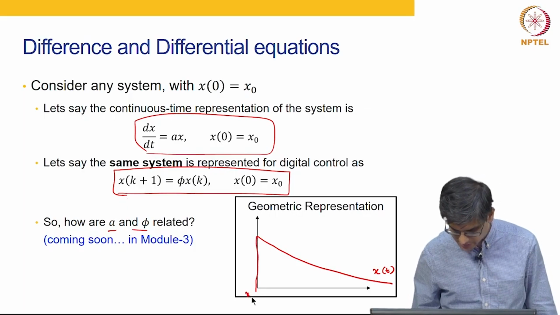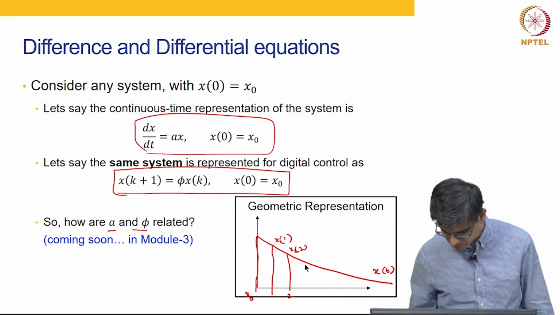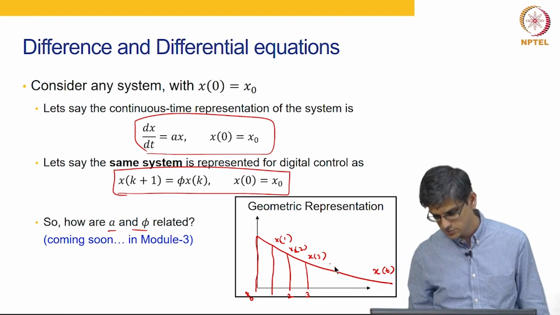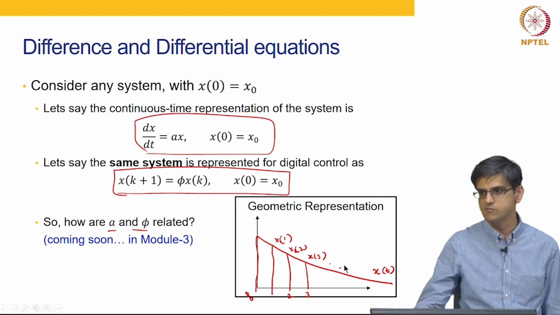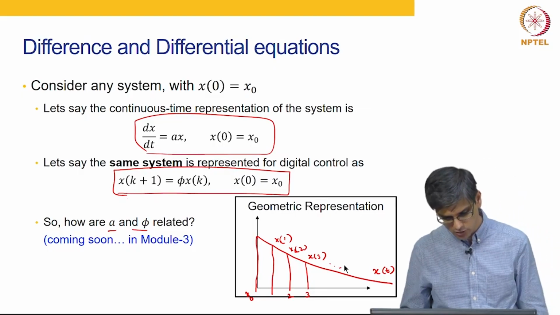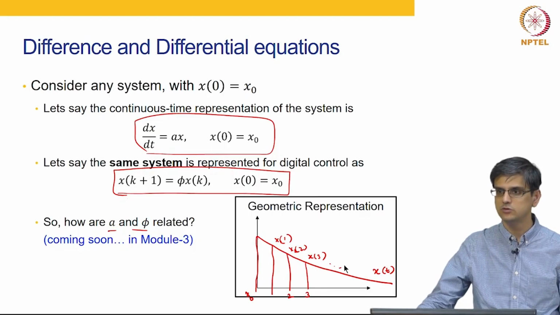This is our x naught value, this is our x1 value, this is k equal to 2, this is our x2 value, this is our x3 value, so on and so forth. Okay. We will talk about how A and phi are related when we come to module 3.